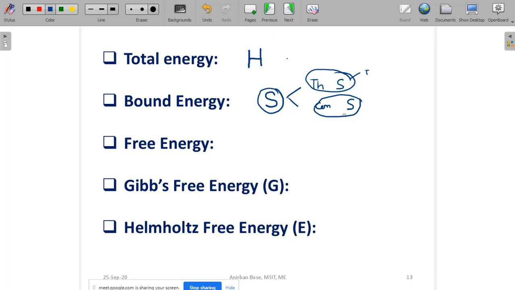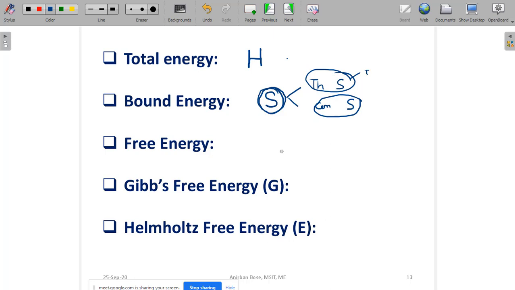Okay, configuration entropy. So because of the entropy, the energy that is bound cannot be extracted as work. If the material has some energy, it is possible that the material can do some work because of that energy. But because of entropy, certain energy is actually bound within the material and you cannot get work out of it.